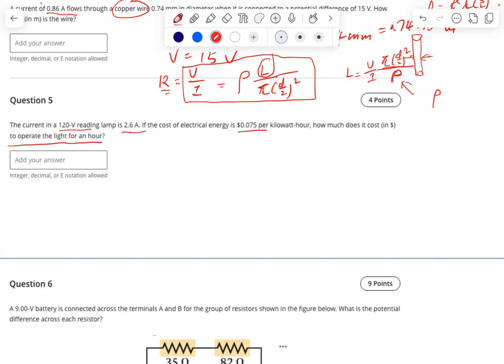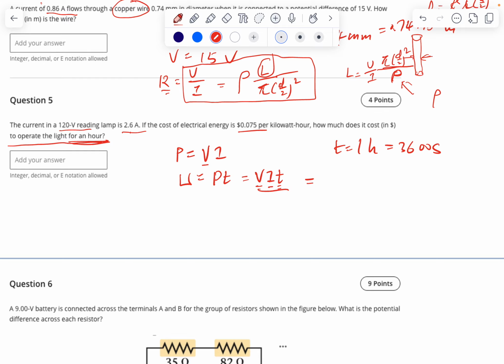Here we know power, which always equals voltage times current. Also, energy equals power times time, so voltage times current times time. We know voltage, current, and time. Time here is 1 hour, equal to 3600 seconds.